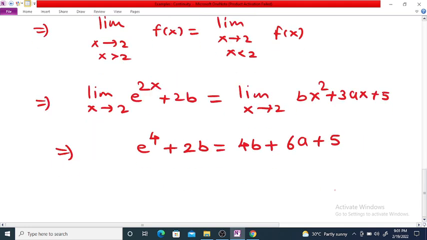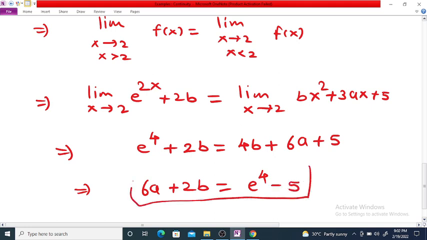So this implies 6a plus 4b minus twice b, that is 6a plus twice b, is equal to e raised to 4 minus 5. So this is the second equation: 6a plus twice b is equal to e raised to 4 minus 5.